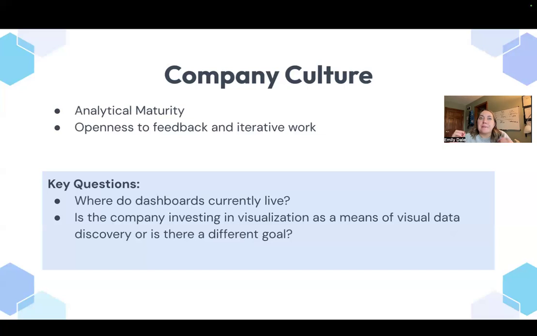Versus if the company is investing in that data discovery, you can have things that are a little bit more built in. Think of the tooltips, the filtering. We'll get to Viz and tooltips next week, so some of the more advanced features. And that's again going to change: are you going to even handle a request that's asking for more features if they're not going to be properly utilized?